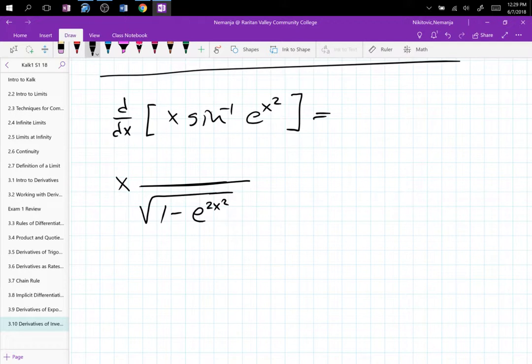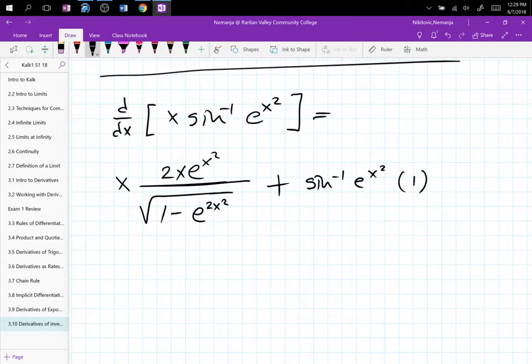And then the derivative of e to the x squared is e to the x squared times 2x in front. Plus, copy the second, which is sine inverse of e to the x squared, times the derivative of the first, which is 1.